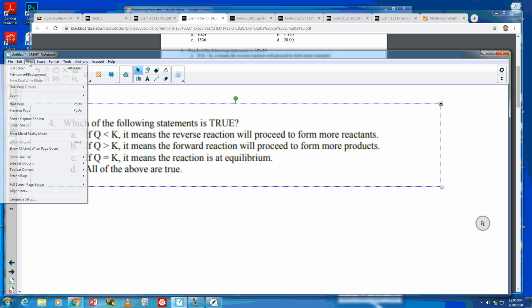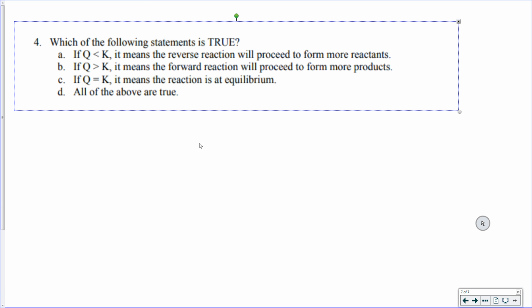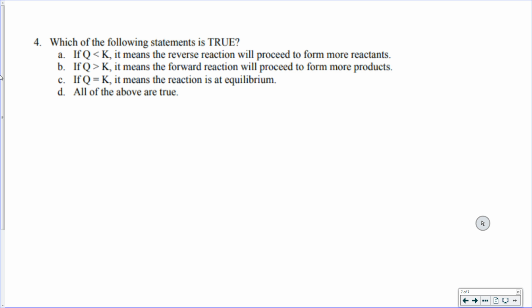Question 4 says, which of the following is true about Q versus K? So what do you think? One should stay out.